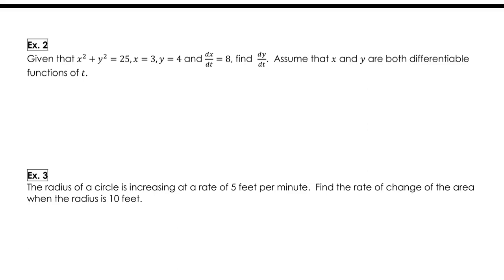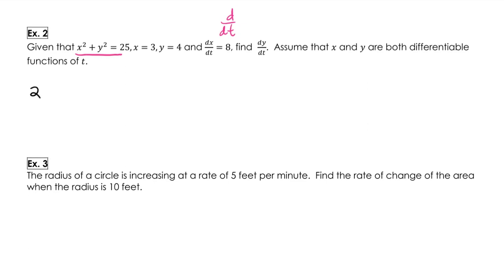Okay, so here's what we're going to do. If we want dx/dt and dy/dt, we're going to apply the operator d/dt to both sides. So we have this function here. What's the derivative of x squared? That's 2x. But remember, you're applying the operator with respect to time. So it becomes 2x dx/dt.